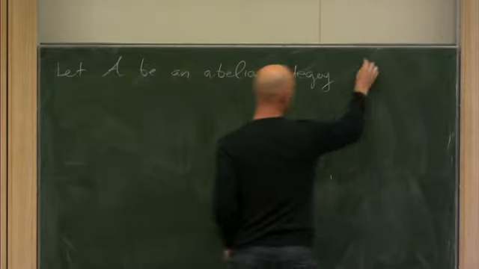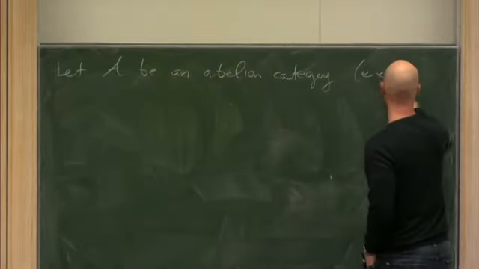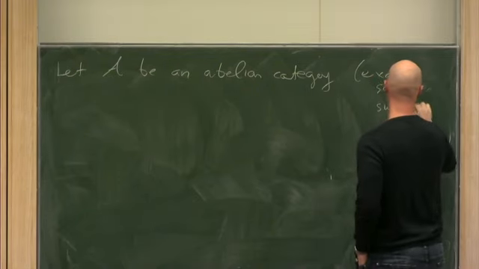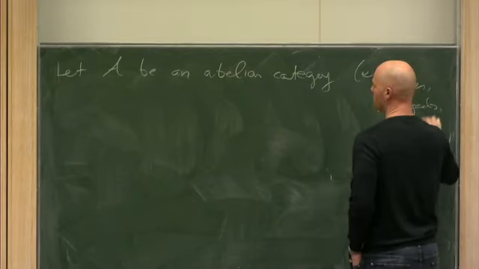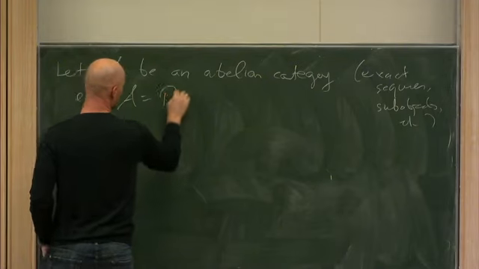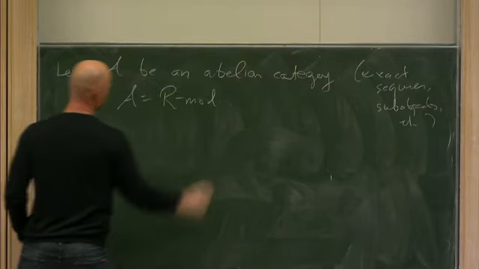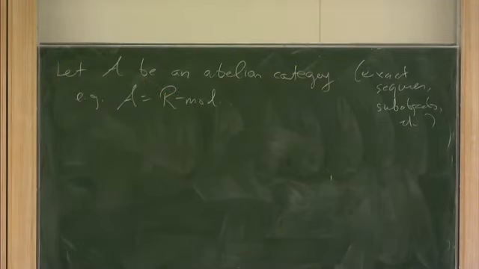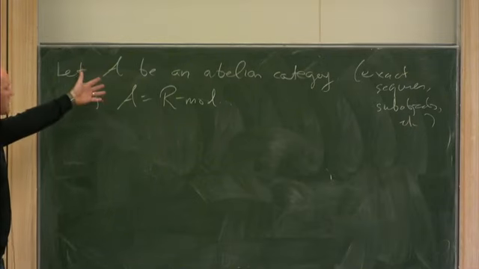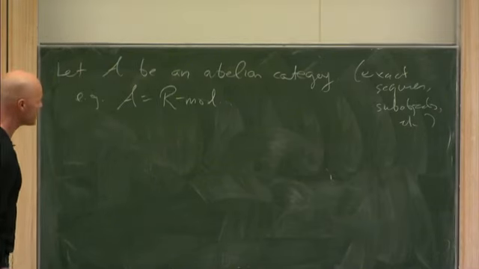So in particular, you can talk about exact sequences, sub-objects, etc. And you should think here A is modules over a ring. So what kinds of group actions can you have on such categories?